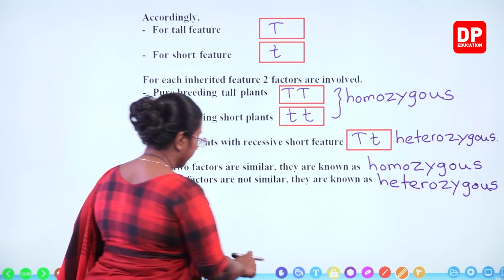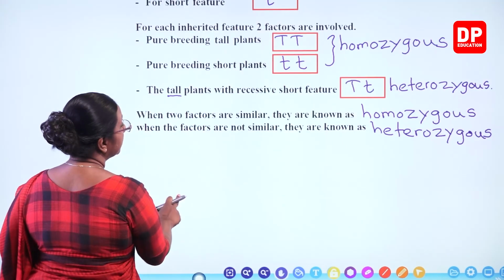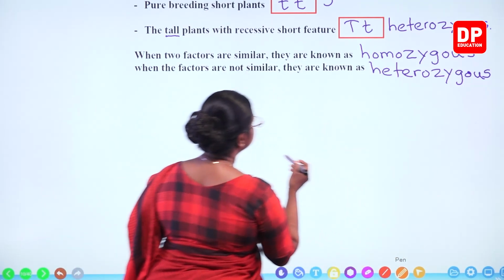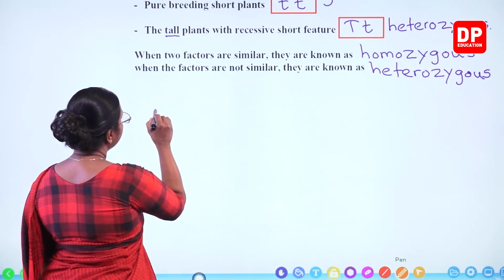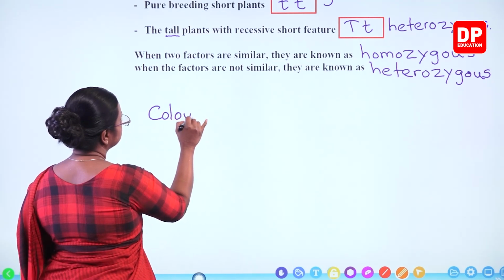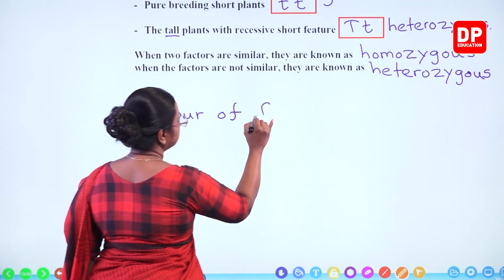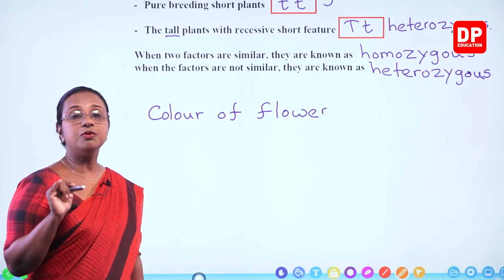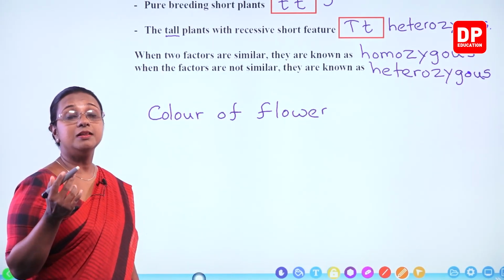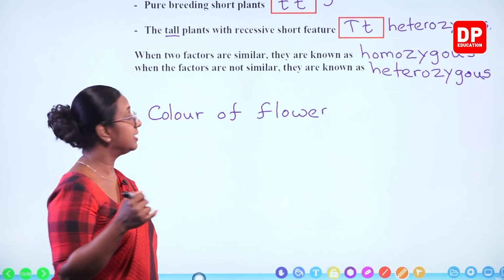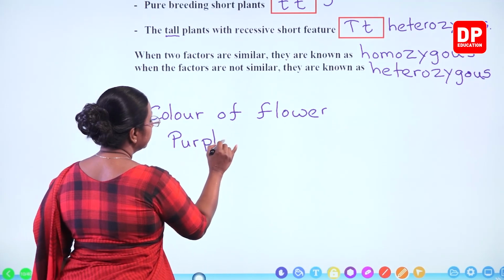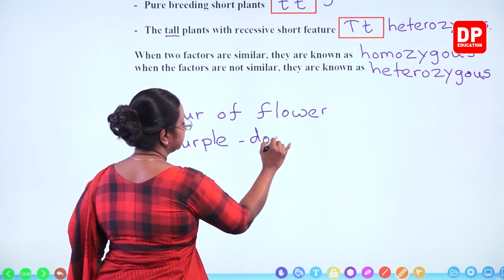Now the same way, if we write for another character. Let's say color of flower. If you look at the table, the observations of Mendel's experiment, you will see purple is the dominant color.